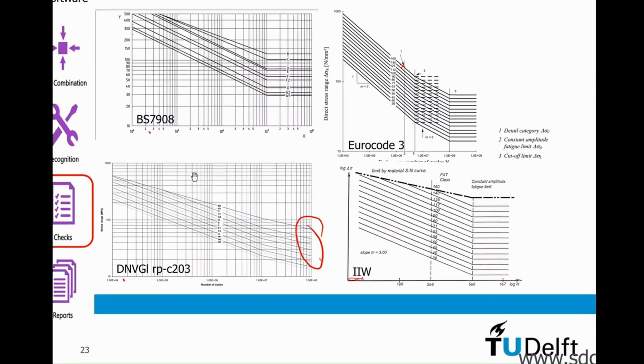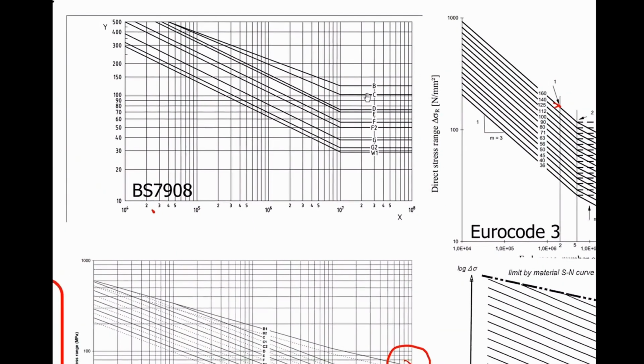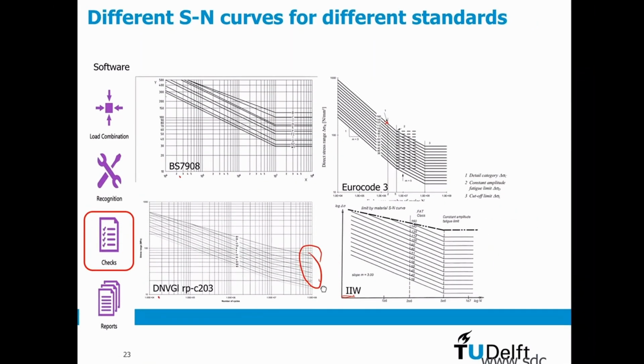So they have some kind of naming in these classifications. And the BS has something similar. So although we have different standards, the idea of these curves is always the same. And so the method with Palmgren-Miner and fatigue summation is also always the same.